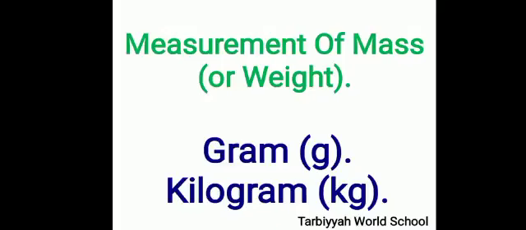So mass tells us how heavy an object is. So the commonly used the units of measuring of mass is gram, denotes G, and kilograms, the unit of kilogram is kg.